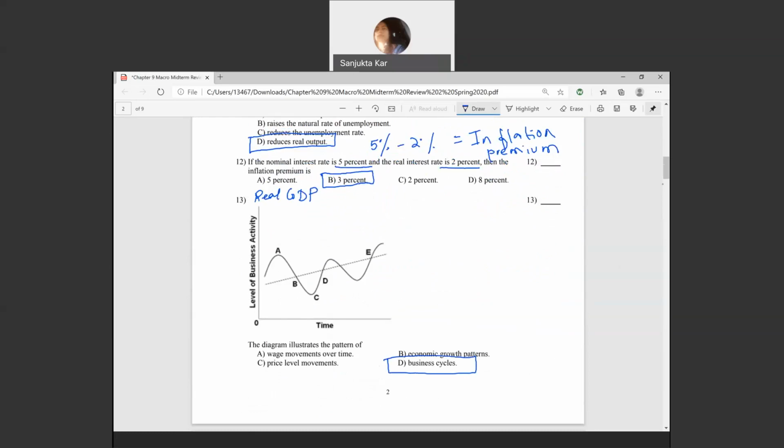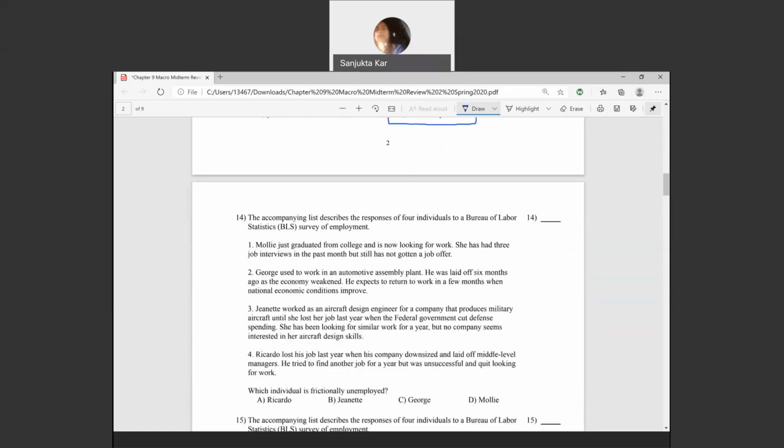So we see all these upswings and downswings reaching a lowest point and then going up, and this part is the peak. Moving on here, the accompanying list describes the responses of four individuals to the Bureau of Labor Statistics survey of unemployment. So we have four cases here.